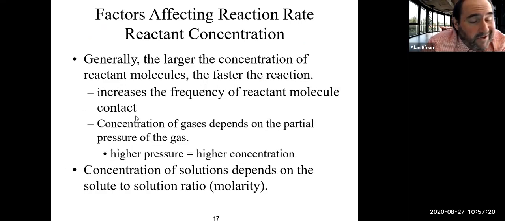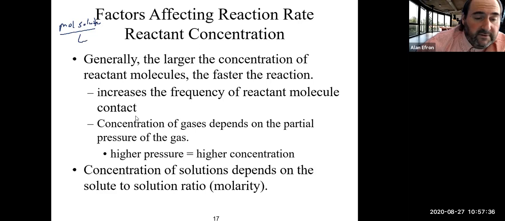Another important thing is concentration. Usually the larger the concentration of reactant molecules, the faster the reaction. When we talk about concentration, we mean molarity, which is moles of solute over liters of solution. And let's be honest, it is the solute swimming around in that solution that's really going to react. So a 5 molar sodium chloride solution is 5 moles of sodium chloride in a liter of solution, and those 5 moles are what's available to react.